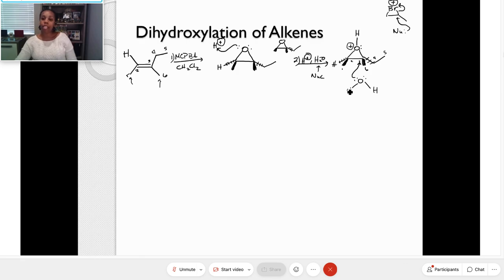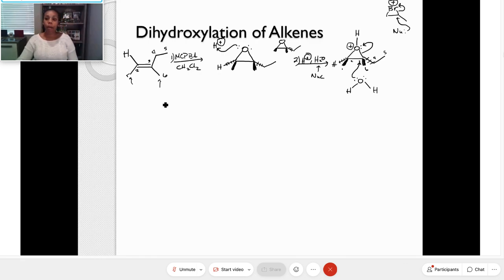If the attack happens at carbon 3, we're going to be breaking the oxygen-carbon 3 bond, not the oxygen-carbon 2. That doesn't make any sense. We're bringing in electrons to carbon 3. Something has to go away. We would have too many electrons there. So we break the oxygen-carbon 3 bond.